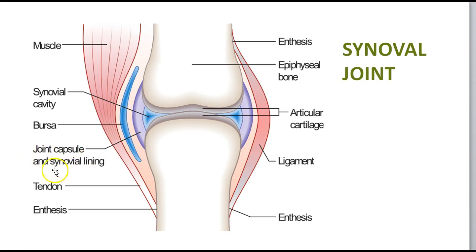Okay, so we've got the joint capsule here and synovial lining, which is this purple colour here, and tendon, and then we've got the epiphysis, which is the bottom of the bone here.